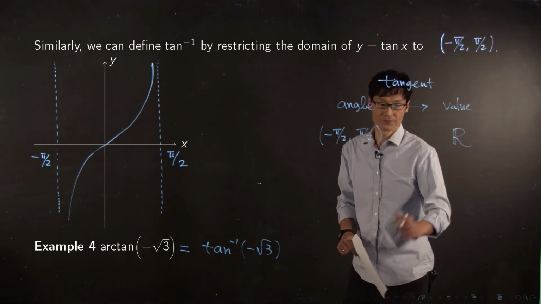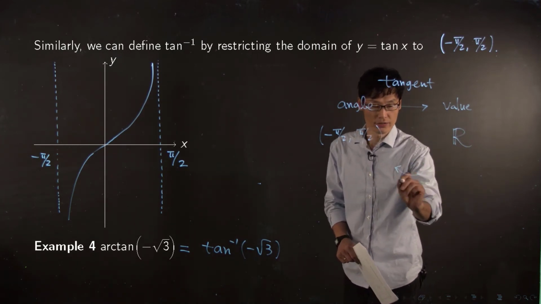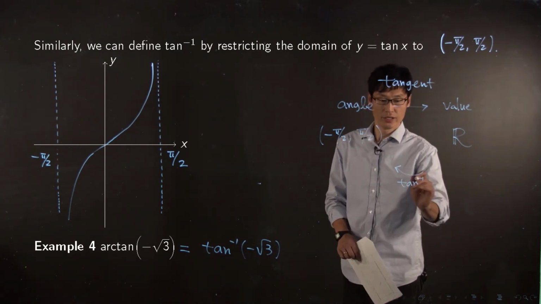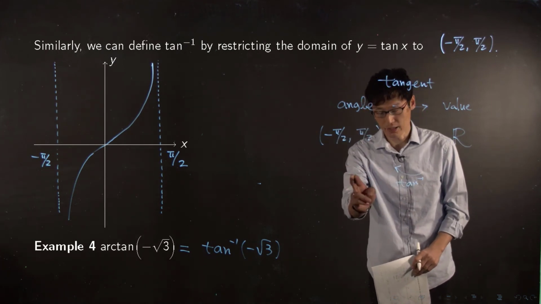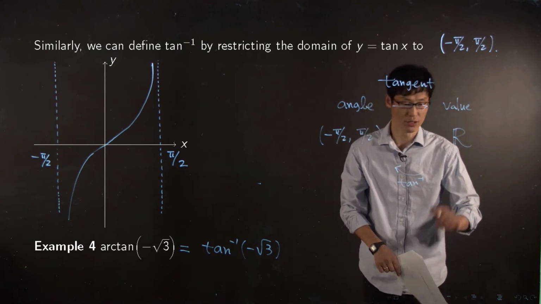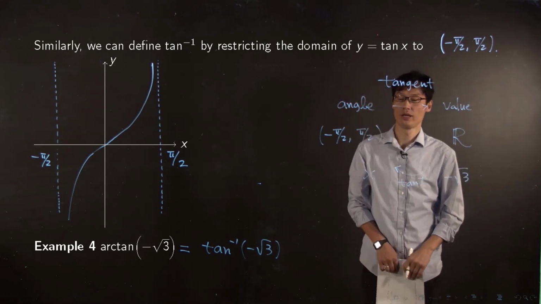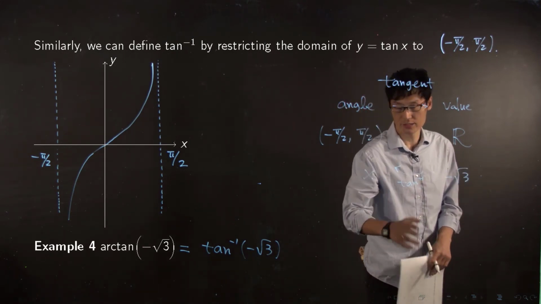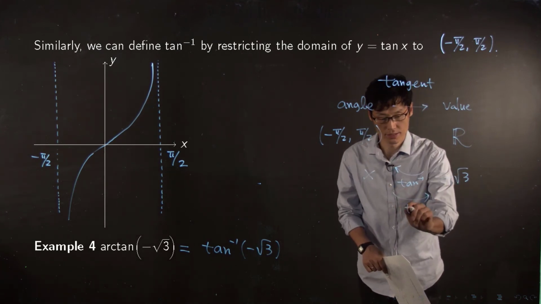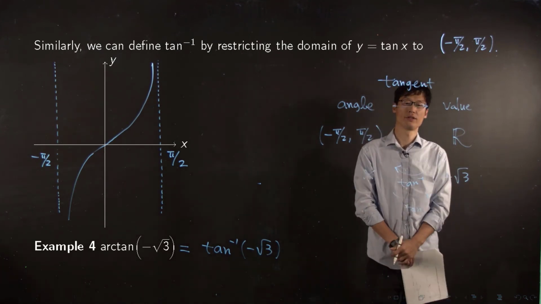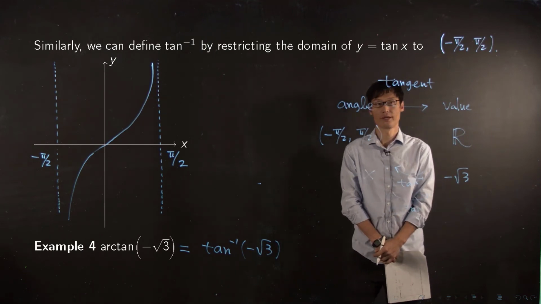So here we have the inverse of tangent. It assigns some angle to a value. Now we have the value -√3, and we are after a certain angle so that tangent of x is exactly negative square root 3.